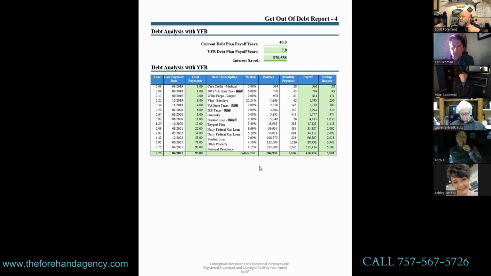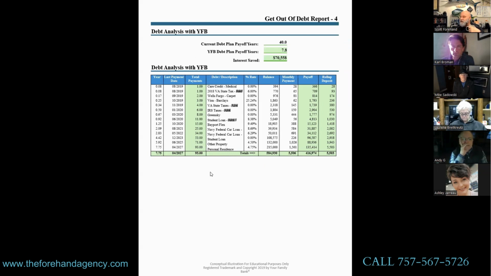And it's here. A mortgage chunk routine is going to reduce the time it takes to get out of debt based on the difference in time between the penultimate debt, in this case, this other property, and the final debt, which in this case is the personal residence.